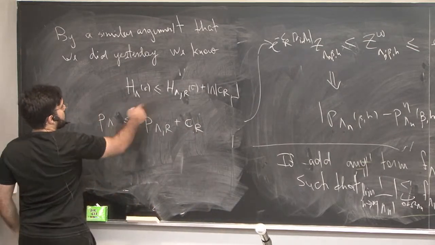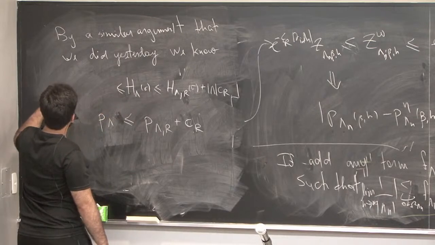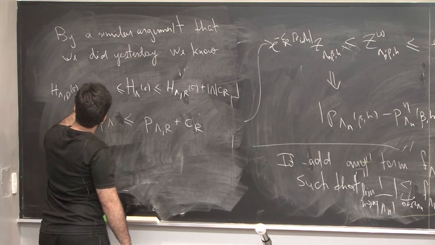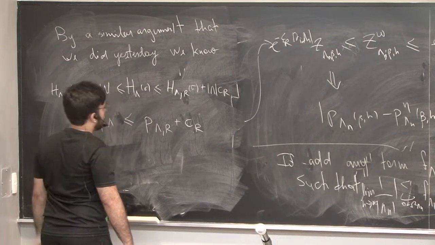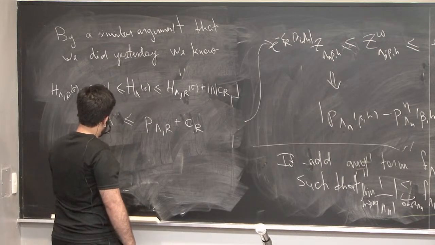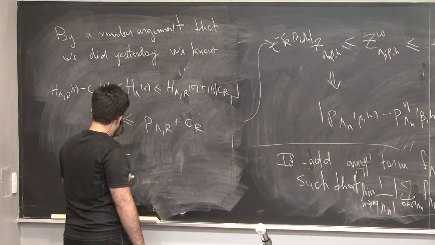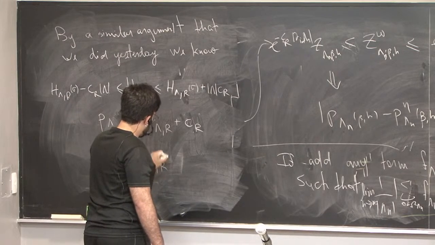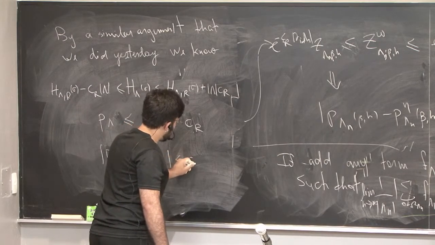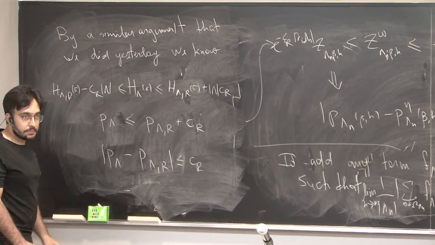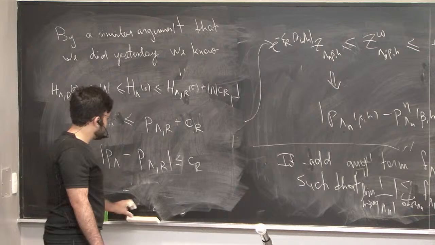Since this similar bound holds, this implies that the difference between the two is less than CR, and this is independent of the box lambda, okay?